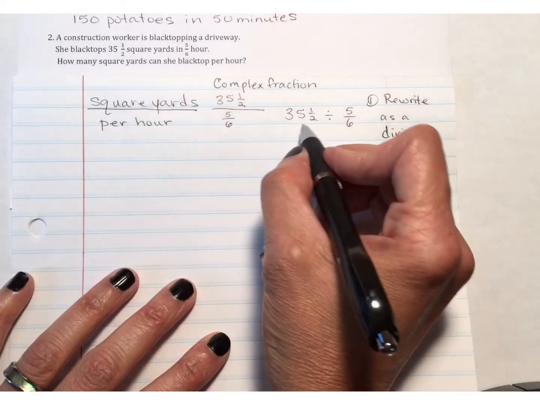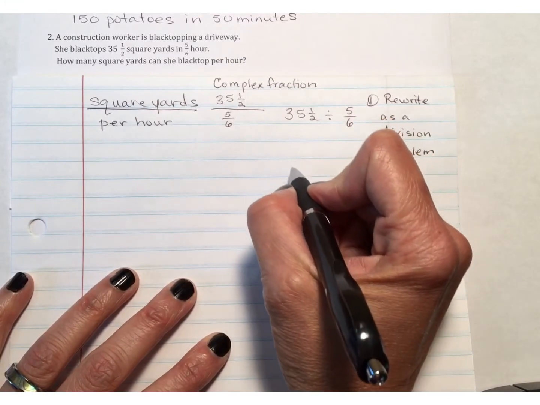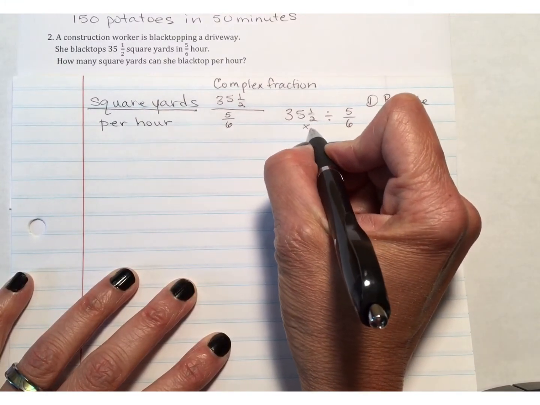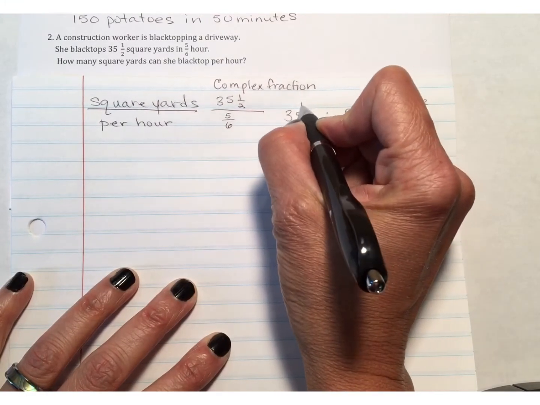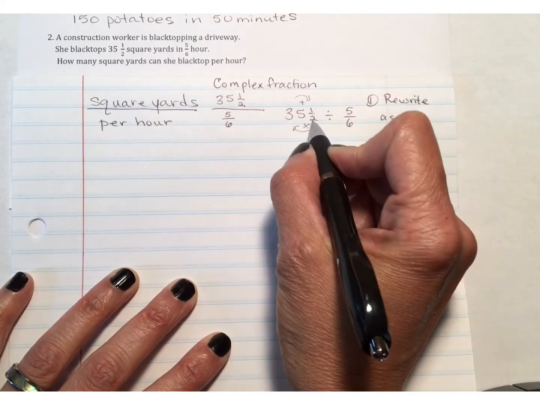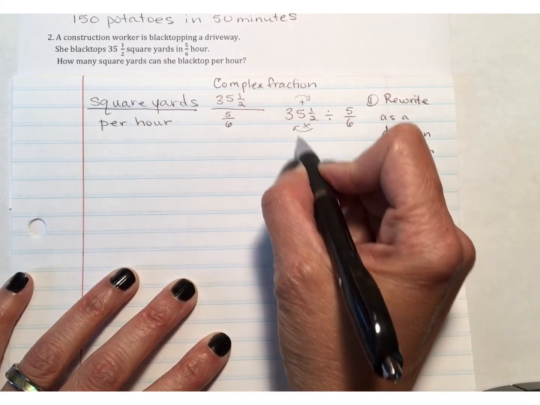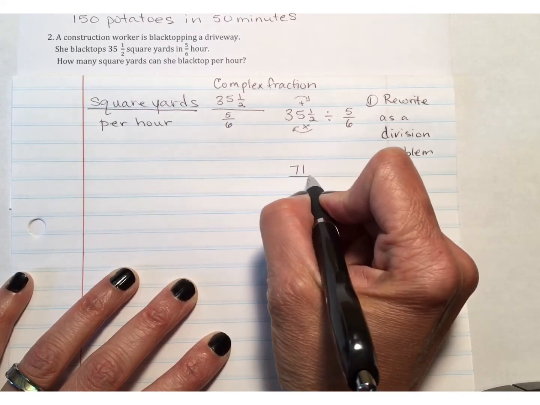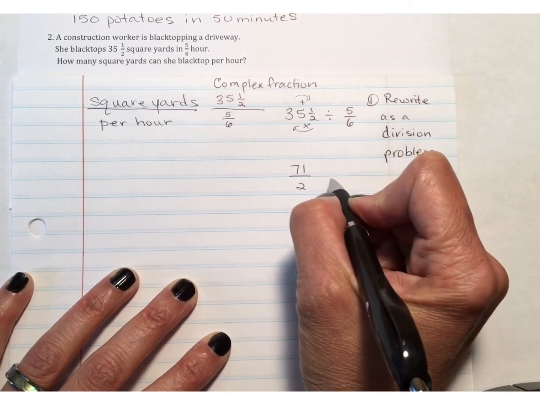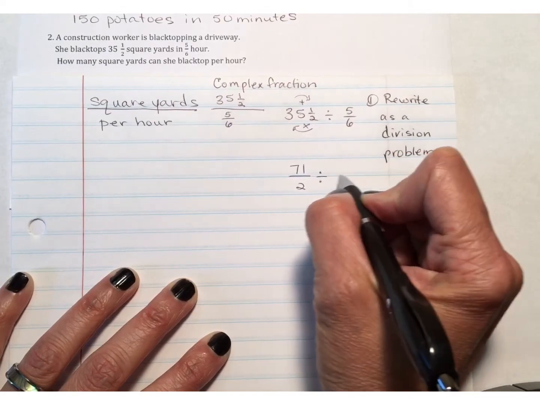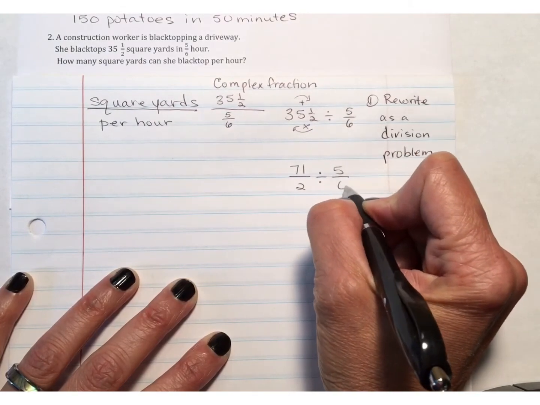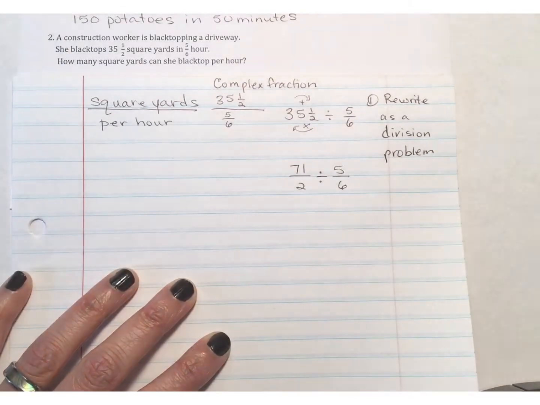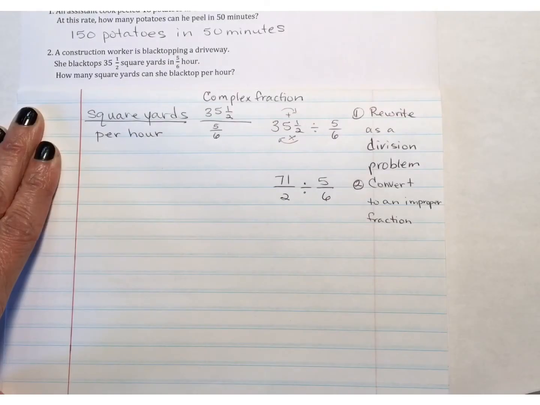So we're going to take this 35 and 1/2 and multiply and then add. 2 times 35 is 70, plus the 1 is 71 over 2. So you want to convert the mixed number to an improper fraction.